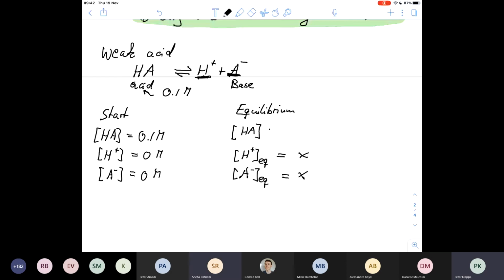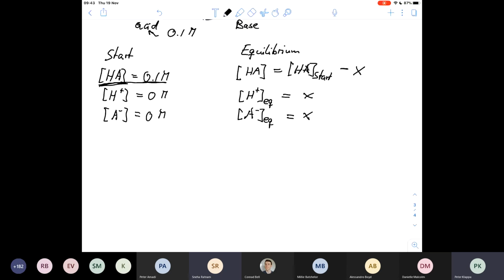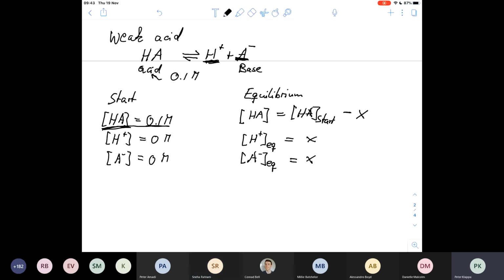We have what we started with, our start concentration, minus what we have lost in this process, minus X. Now, if the acid is very, very weak and hardly dissociates, then our X is very small.